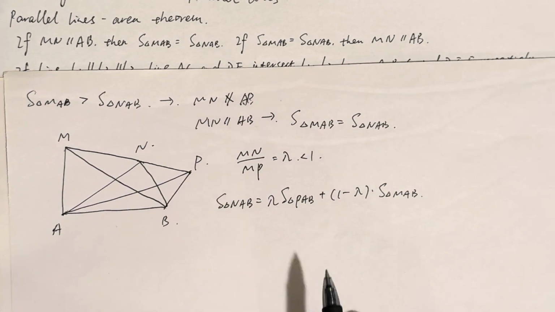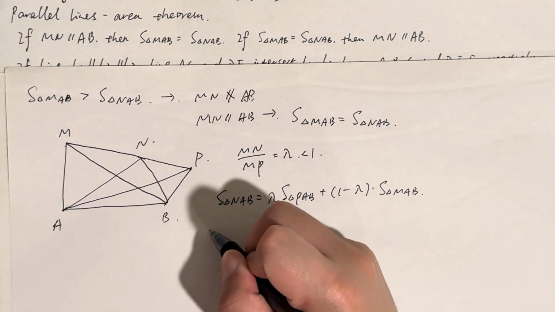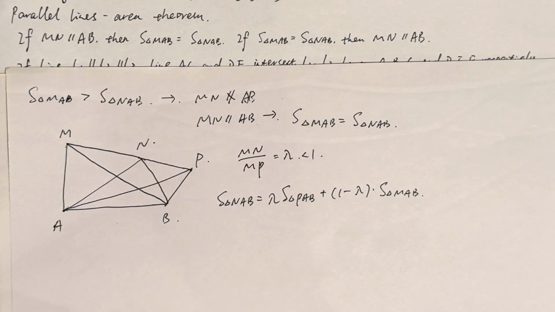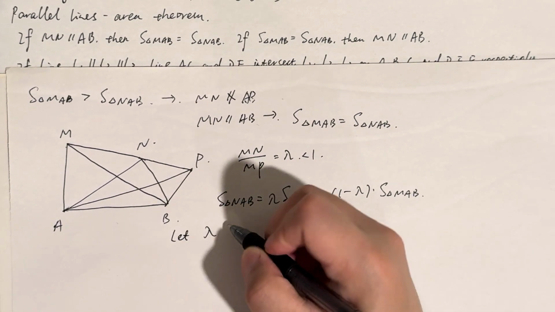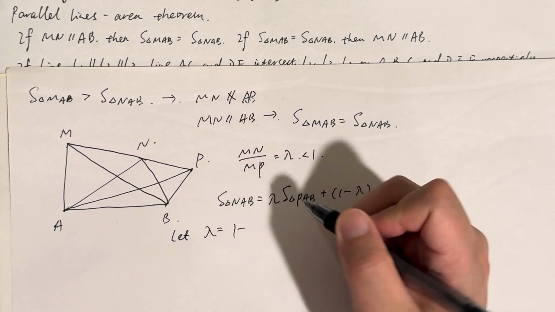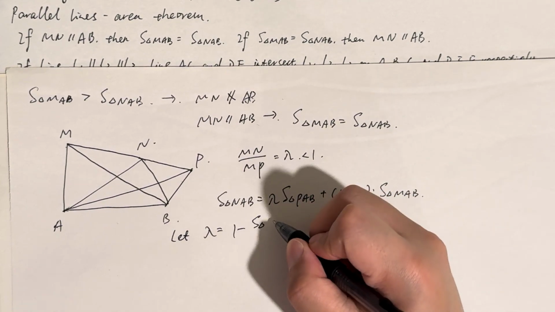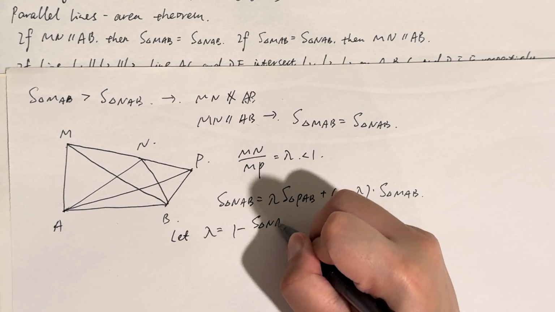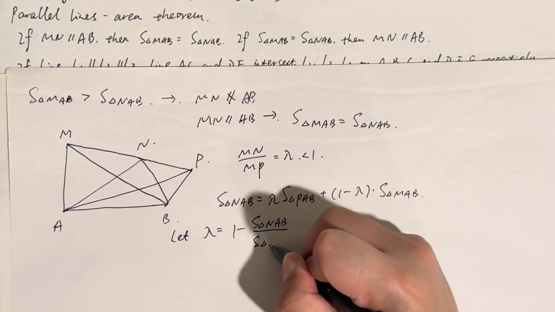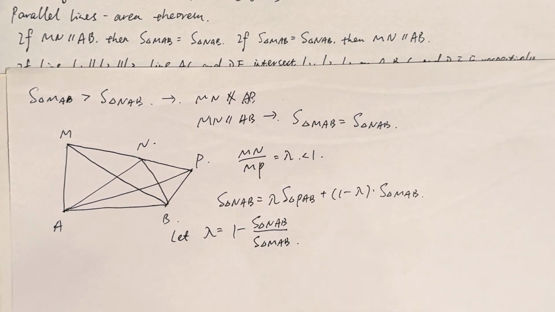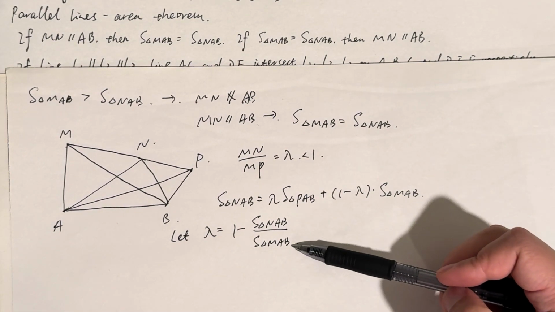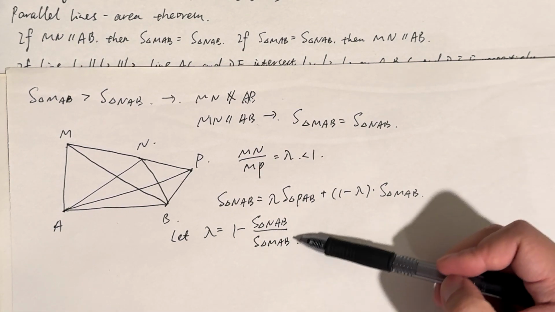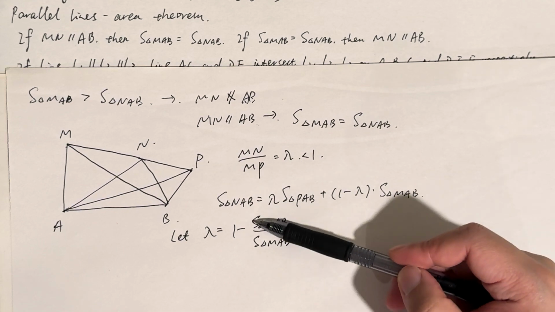And for this one, we can just let lambda equal 1 minus the area of triangle NAB to the area of triangle MAB. Right, because the area of triangle NAB is less than the area of triangle MAB, so this ratio is a number less than 1.